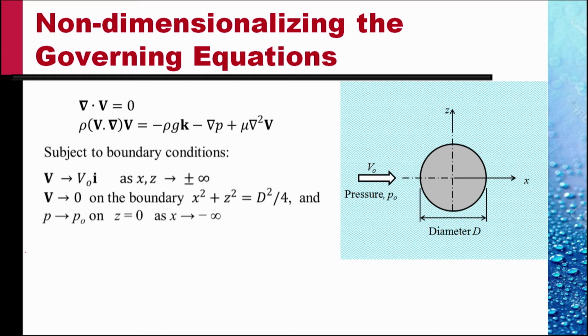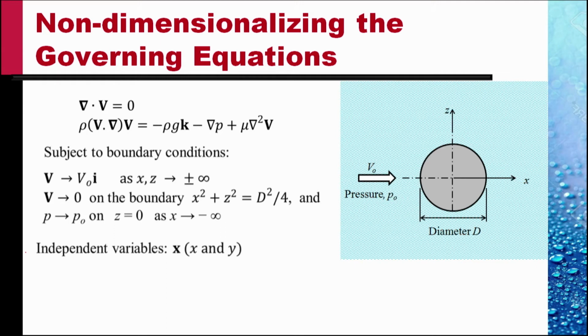And the pressure far away as x tends to minus infinity, far away ahead of the cylinder at the center line, is p naught. The independent variables are x and y.